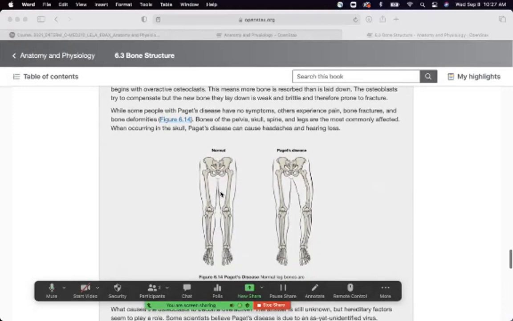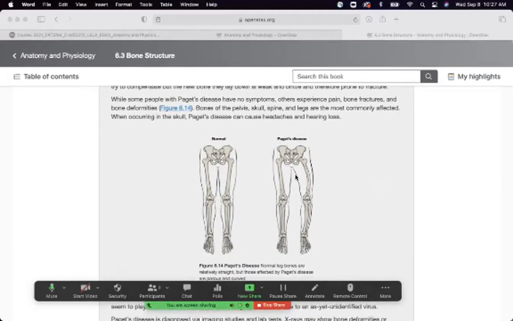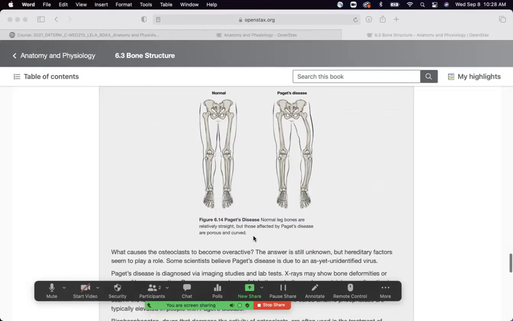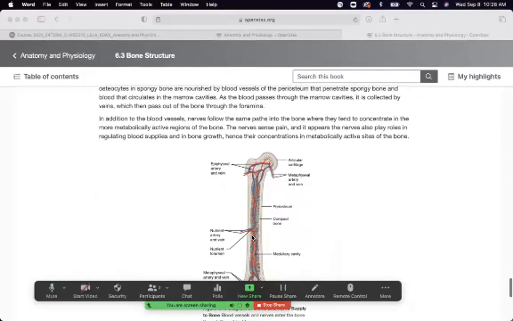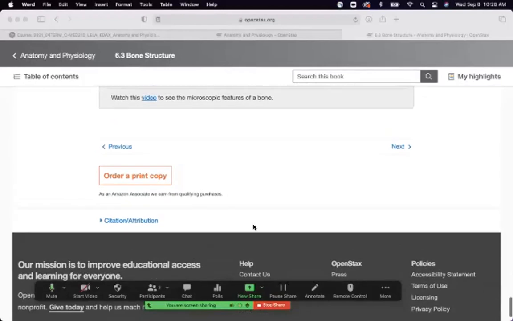Okay. And you could see here, like in Paget's disease, if you have a bone remodeling problem, it'll remodel the bone the wrong way and build it up the wrong way. And that's all that pathology really is. You take normal and make it abnormal.